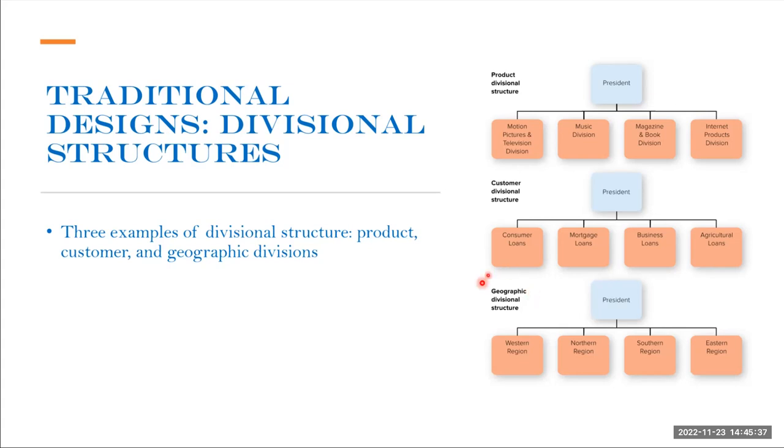So this would be your geographic divisional structure: Western, Northern, Southern, Eastern region. And this would be your customer divisional structure, with customers that are basically served depending on what service they're availing of from the organization, right? And this would be the product divisional structure, which is like you have motion pictures, music, magazines, internet product division, things like that.